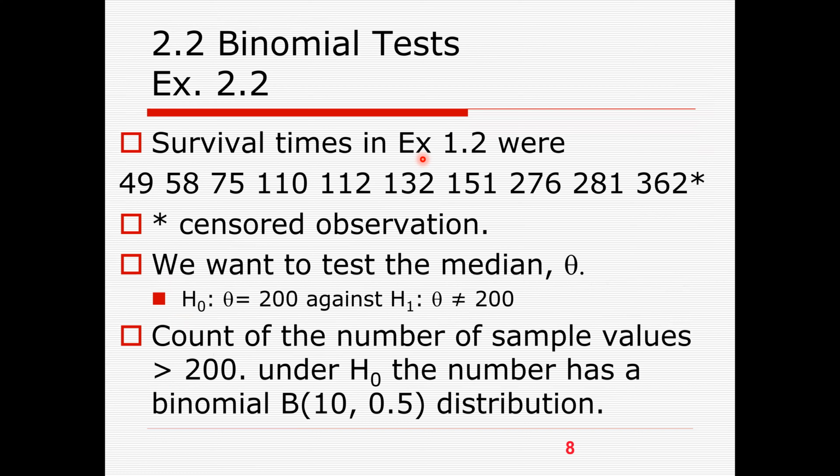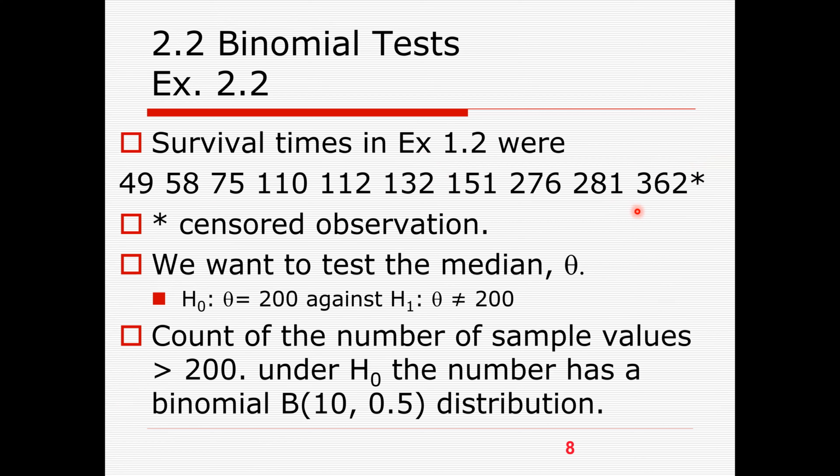So why, when, and how do we use binomial tests? Let's look at an example to learn it. Remember this example we used last week? There is a censored observation, and we want to test if the median of the survival time of a disease is 200 months.